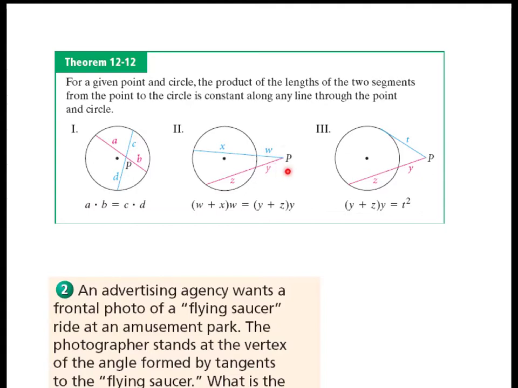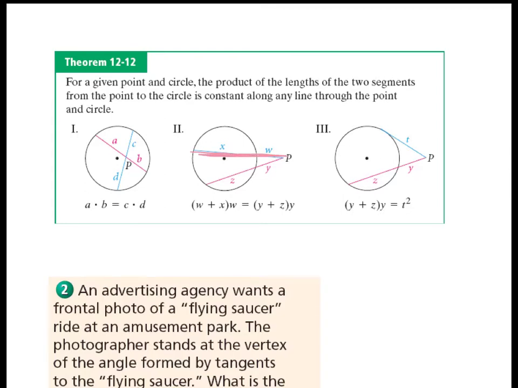Now, if they connect outside, the segments have a little bit of a different situation. You have to add the two pieces together, and you multiply by the outside piece. So inside plus outside, times the outside piece. Because it's not always going to be broken up, you're taking the entire thing. A lot of times you're going to have to add this.